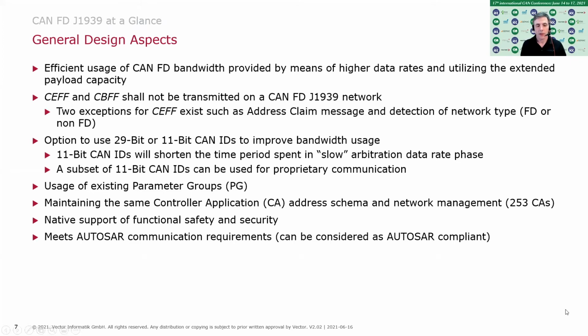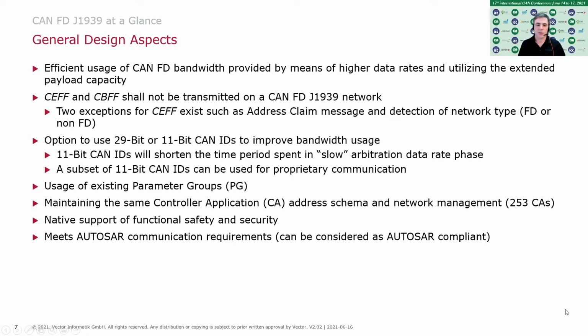And you can only use a subset of 11-bit CAN IDs for proprietary communication. So there is a limitation if you are used to using 11-bit CAN IDs in the past. Be careful, the new CAN FD protocol does not allow you this. There's a very strict limitation on the usage of 11-bit CAN IDs.